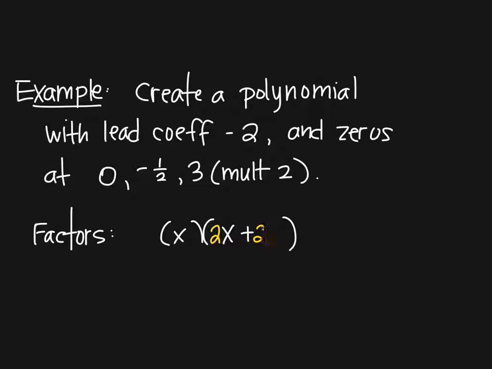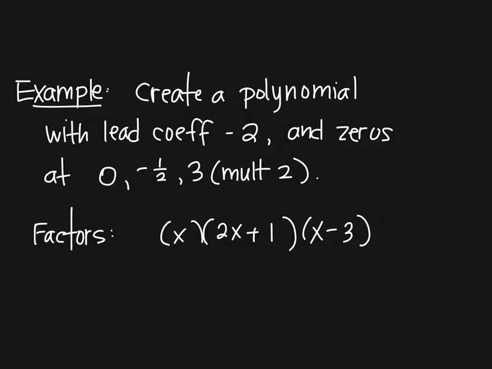That turns into 2x plus 1. What's the third factor? X minus 3, squared, because it's multiplicity 2.